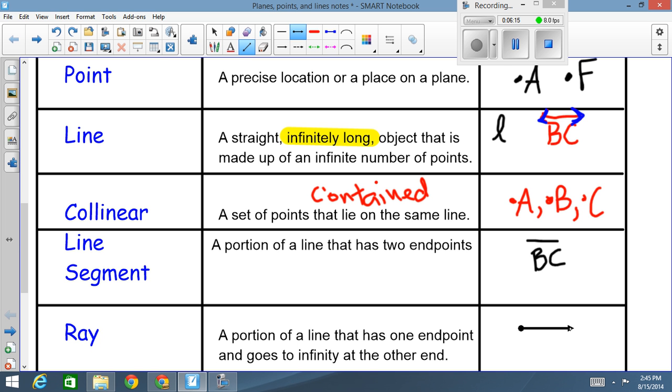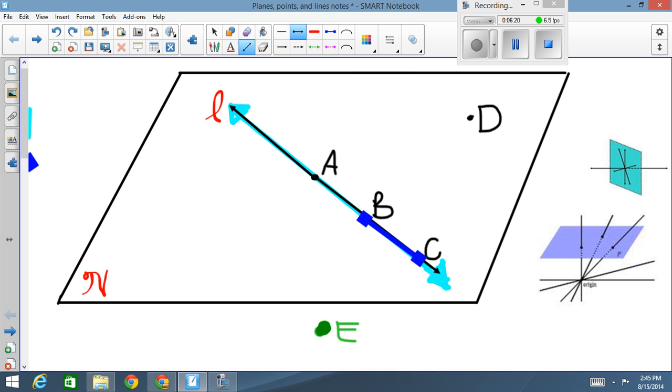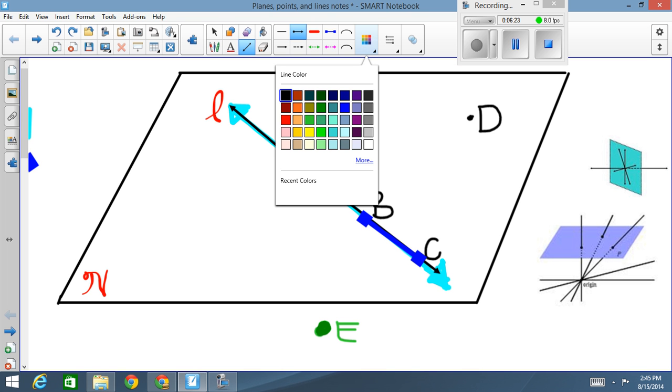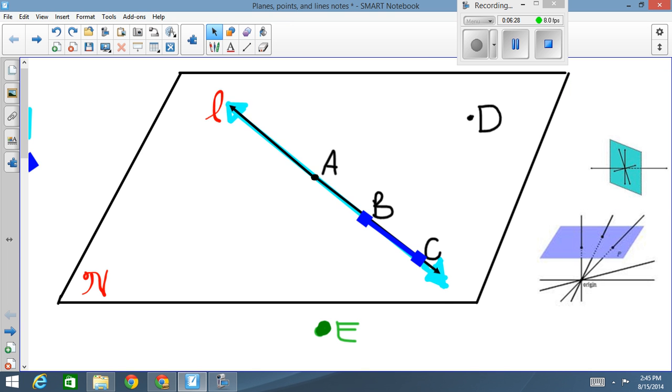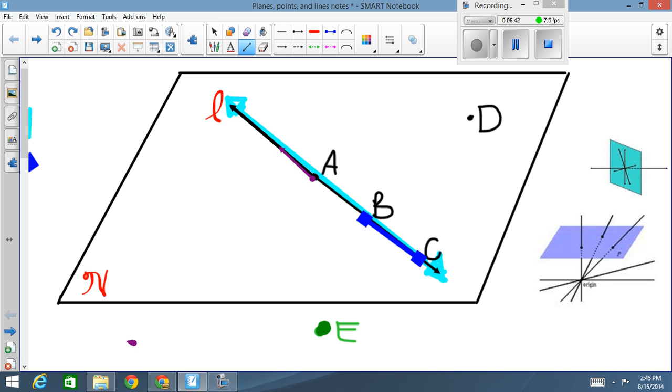If I go up to my picture, if I started, say, at A, and went out this way, the purple thing there, that is a ray because it has one endpoint, but it goes to infinity at the other end.